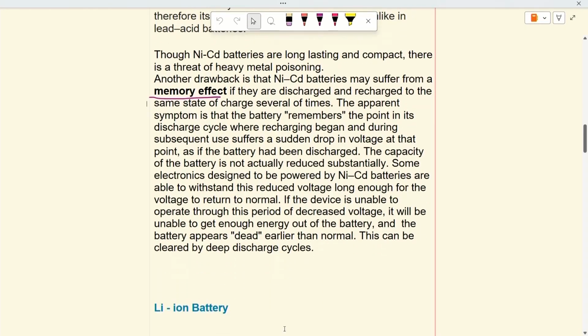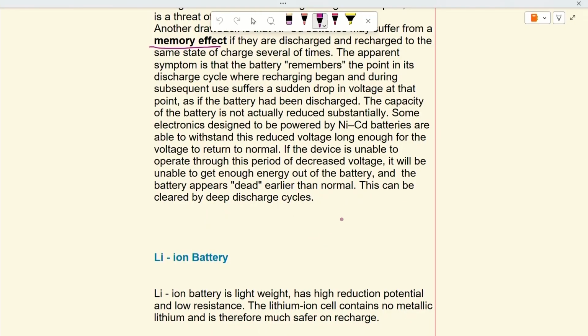So, what happens is the battery feels that once the charge is drained up to that level, it has been totally drained, or it considers itself to be dead, though actually it has sufficient charge retained in it. I will make it clear. Suppose I am using a battery that has 100% capacity. My use is regular, and its charge drops to some 30% or 20%, let it be 30%.